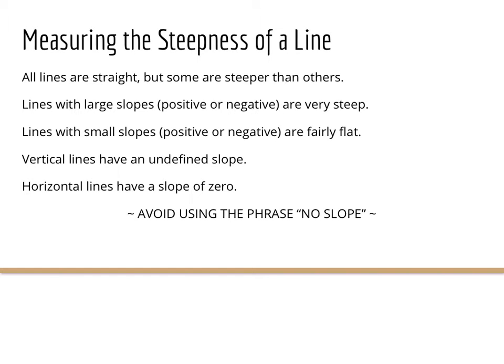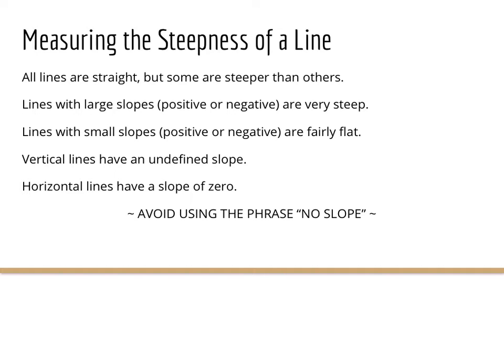We try to avoid using the phrase "no slope" because I think that's a little ambiguous. When I say no slope, do I mean no slope, like there's none? 0 is the number for none, so the slope is 0, it's a horizontal line. Or do I mean there's no number I can use, it has to be undefined, so it's a vertical line?